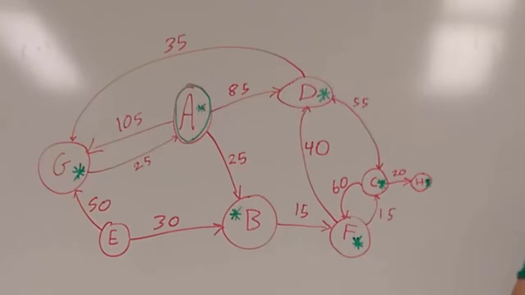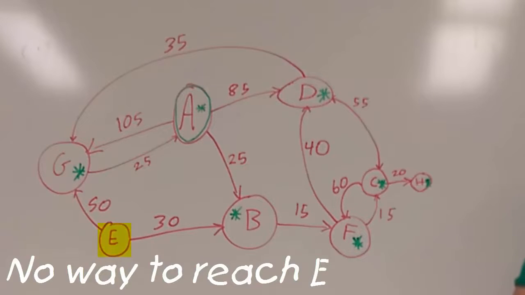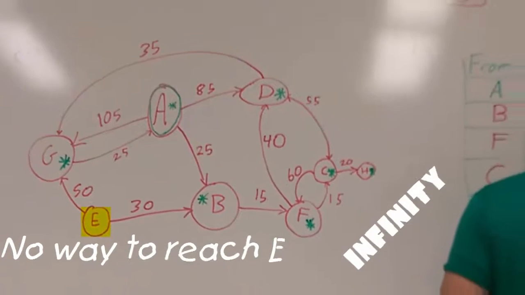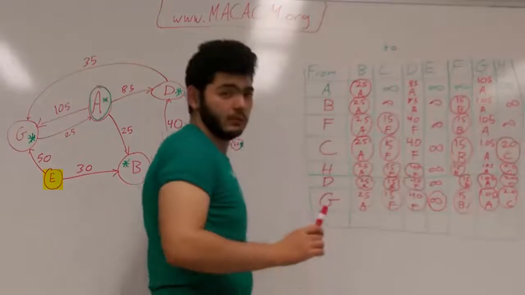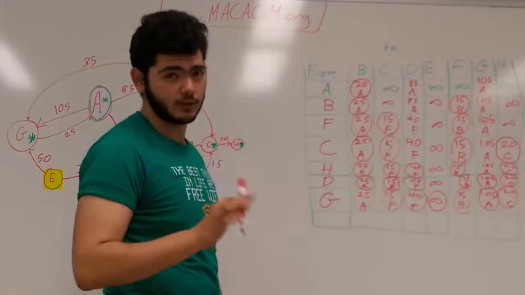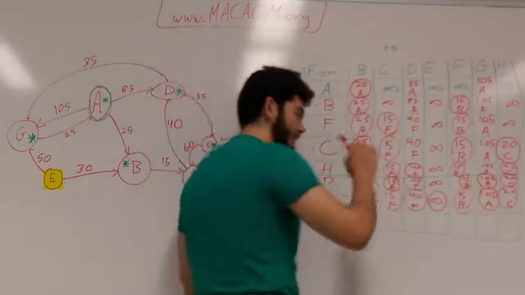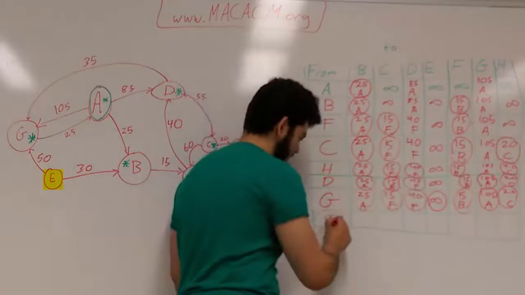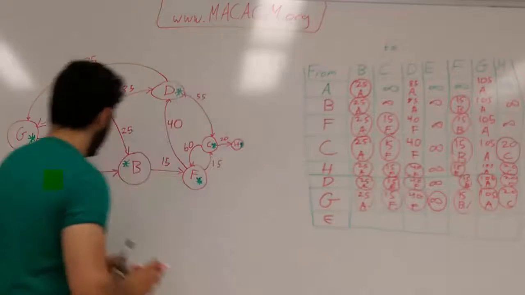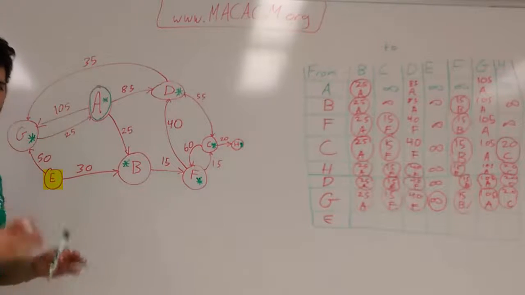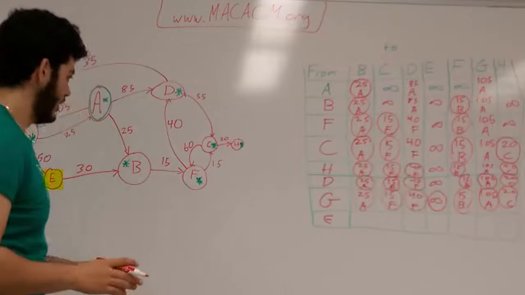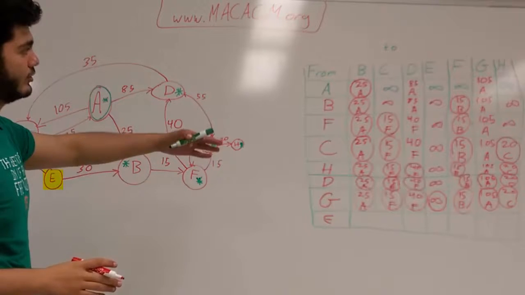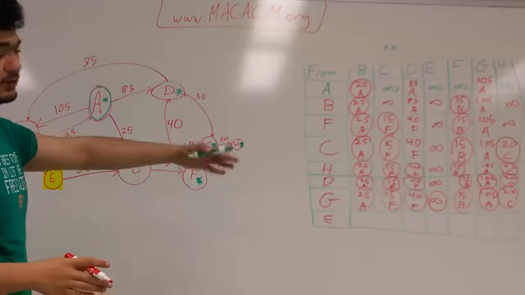We visited those, we visited this, we visited this, we visited that, we visited that. It will cost me infinity to get to E. However, I'll take the infinity path and get to E. Since I got to E with infinity cost, I can't really get any better results than the current.